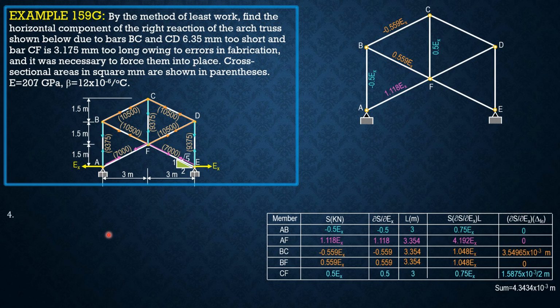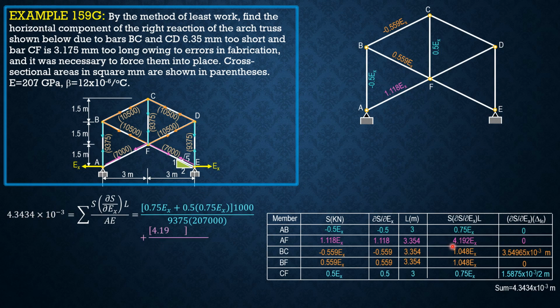So the sum, which is 4.3434 times 10 to the negative 3, is equal to the summation of S, partial of S with respect to EX, length over AE, and that is equal to, for this color value, 0.75 EX plus 0.5 of 0.75 EX. I already explained why we multiply this by 0.75 over area 93.5, rather, over area times E, 207 gigapascals times 1000 to make the unit consistent with meter here.